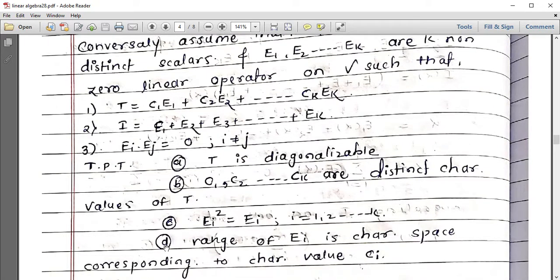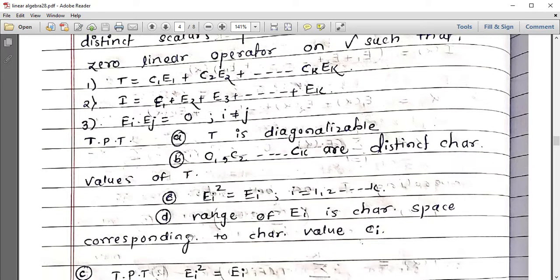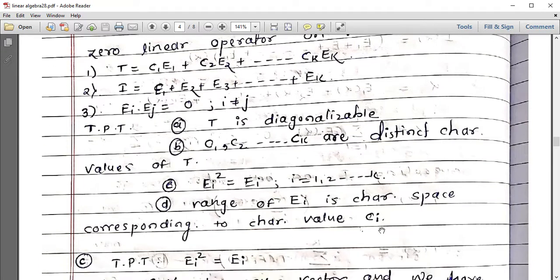And we have to prove that the range of E_i is the characteristic space corresponding to characteristic value C_i. Assuming these three statements are correct, we have to prove these four statements.